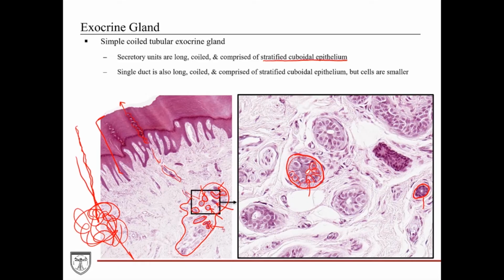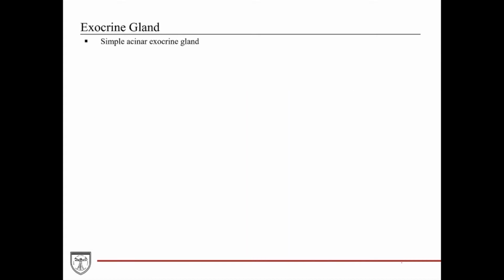Therefore, the ductal epithelium looks a little more basophilic in staining. Such glands are associated with our skin. These are our sweat glands that are releasing sweat onto the external environment in order to help us temperature regulate.